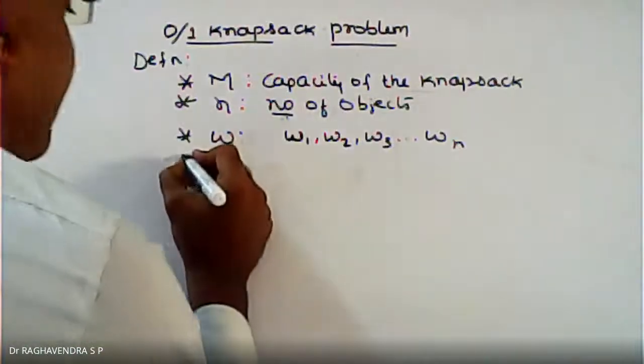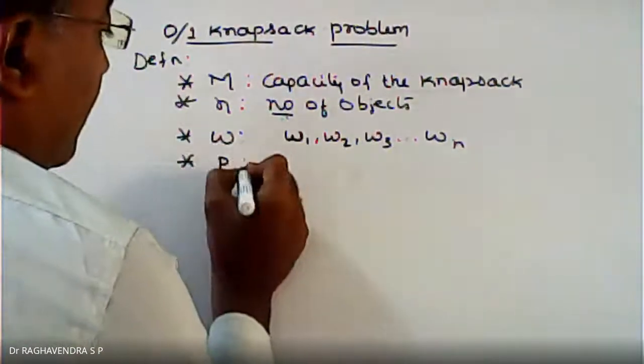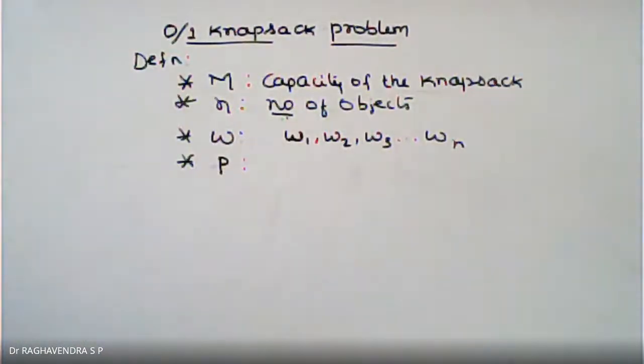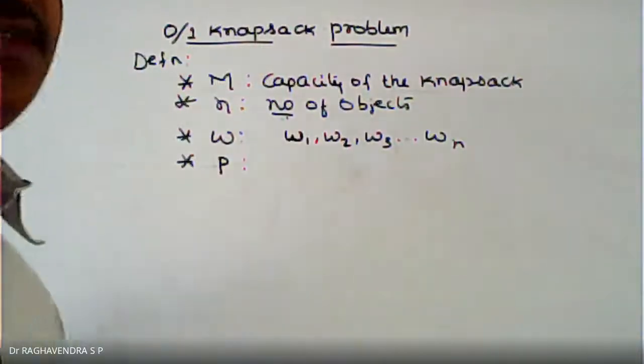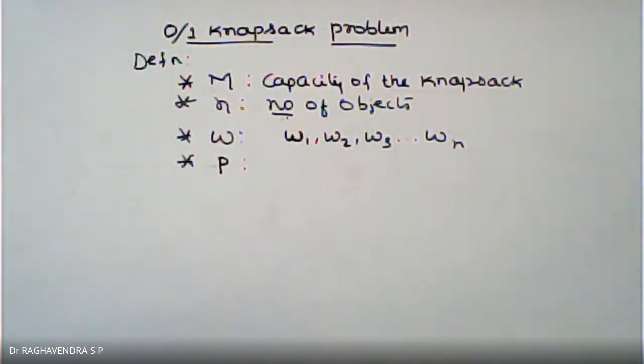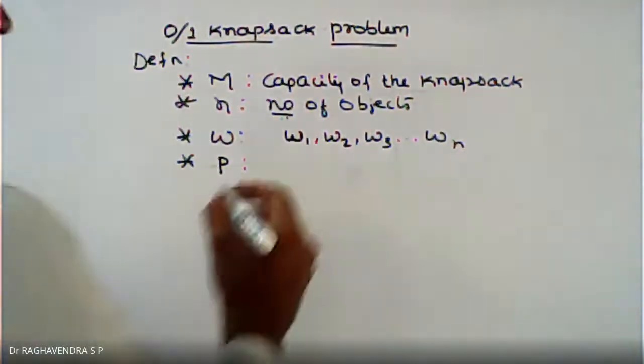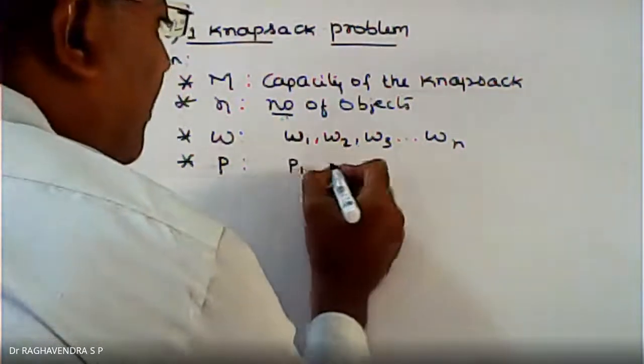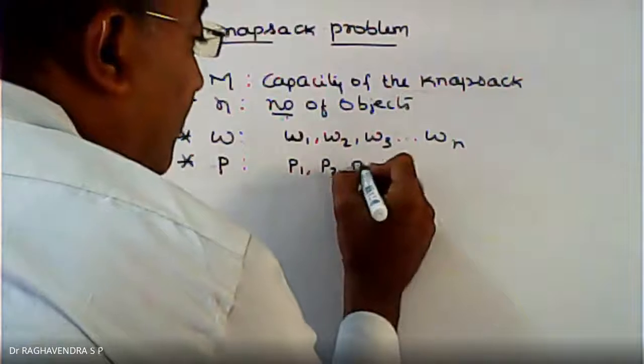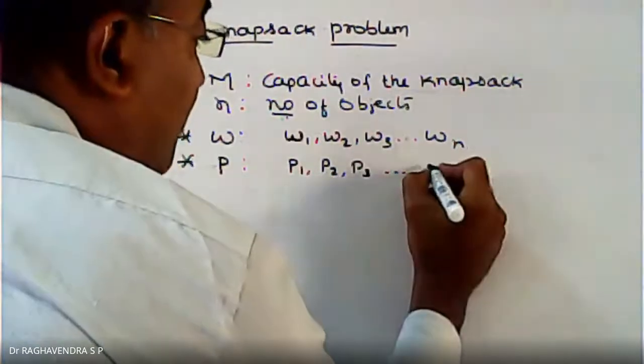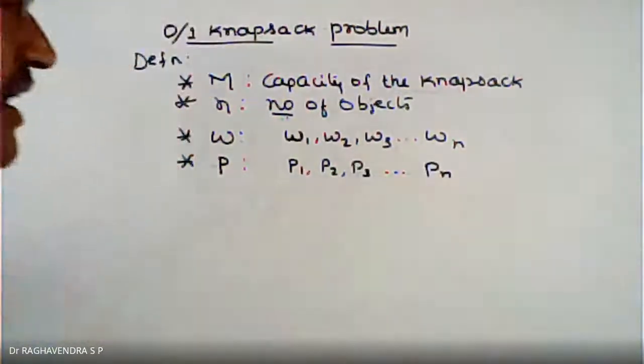Similarly, next is P, an array consisting of profits: P1, P2, P3, and so on up to PN.